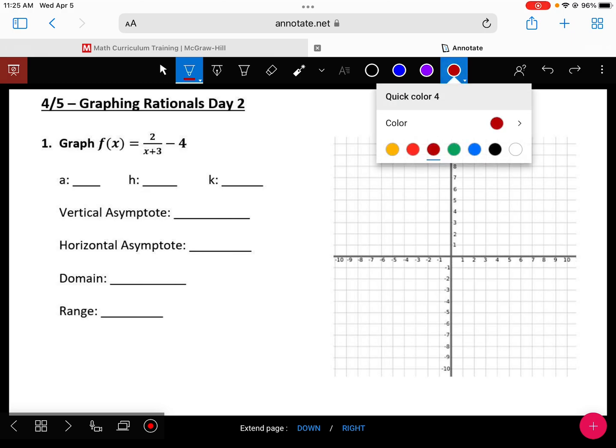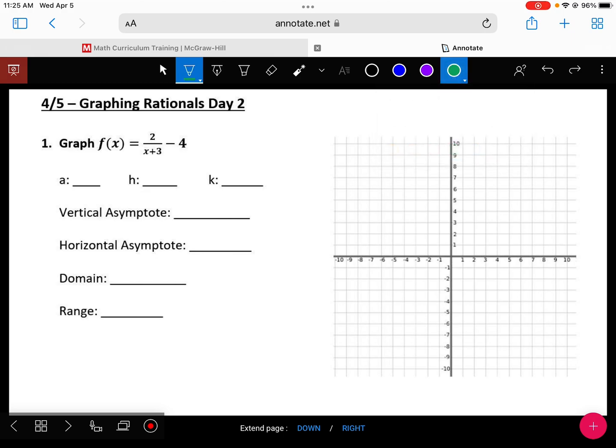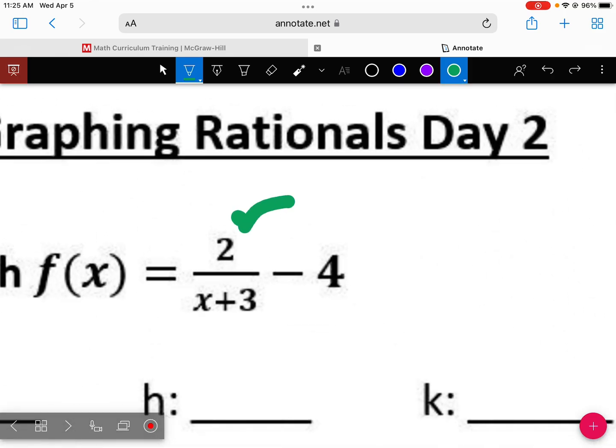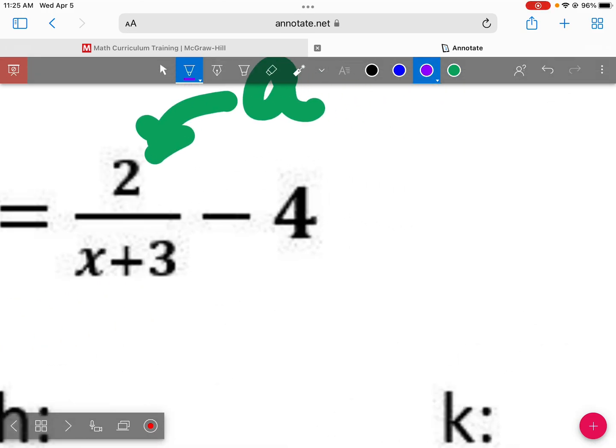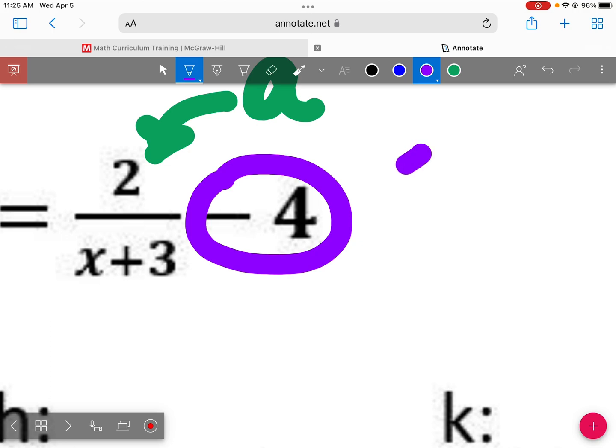All right, so let's just start off by identifying our pieces. What is my A value? 2. Here's A. What's my K value? -4.